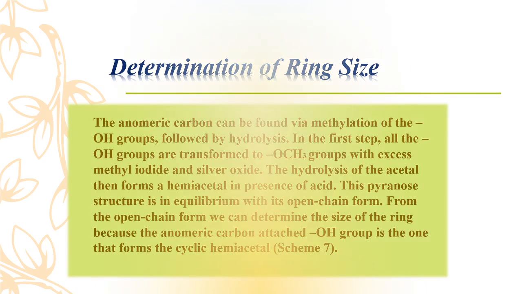So let's see the reaction. Here you can see one sugar unit, and in the first step we do the methylation using excess methyl iodide in the presence of silver oxide.